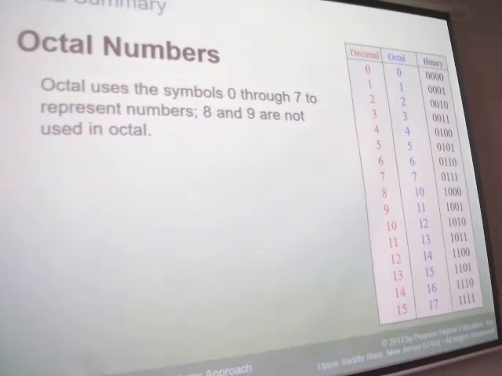This number is decimal number. This is octal number. And decimal number 14 is 1 6. And 15 is 1 7.